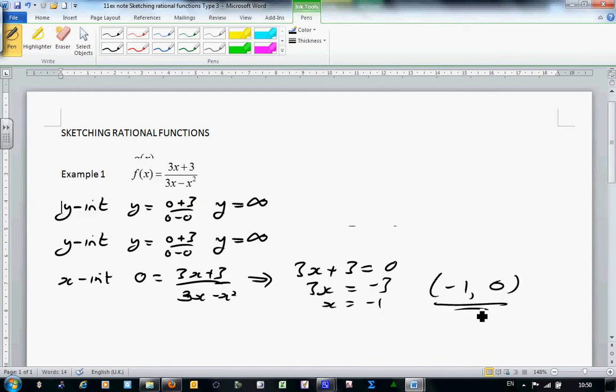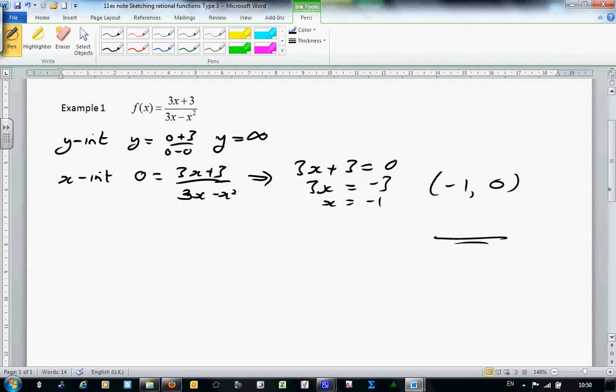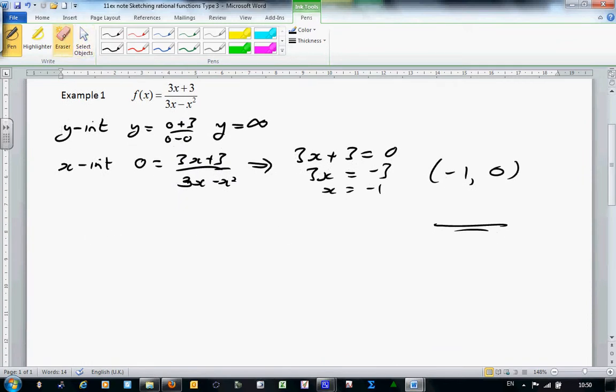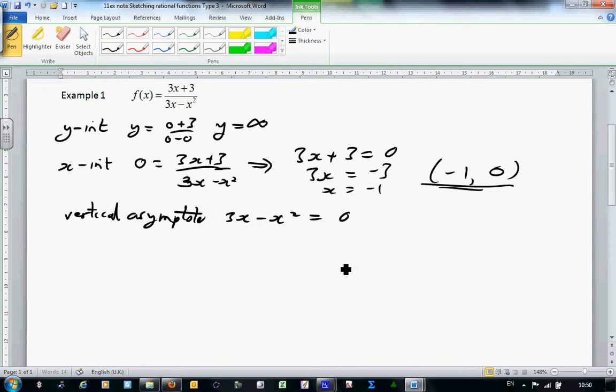Now let's have a look at the next easiest one, which again we've done before, the vertical asymptote. This is obviously when we set the denominator to 0, and at that place we're looking for the asymptotes.